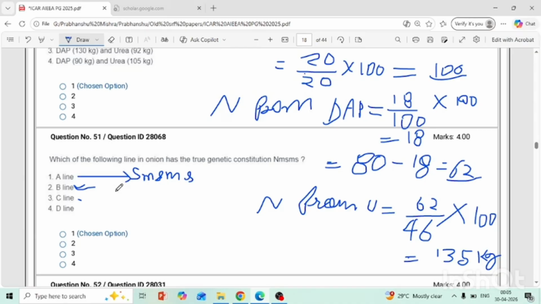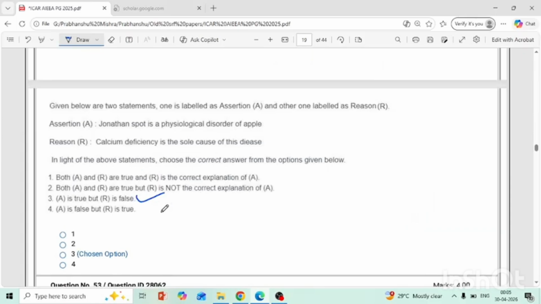Another: Jonathan spot is a physiological disorder of apple. Yes, it is true. Calcium deficiency is the sole cause of the disease. No. Yes, it is due to calcium deficiency, but not only calcium is responsible for this disorder. There are several factors, basically related to post-harvest handling, such as delayed cooling, high temperature, CO2 deficiency.